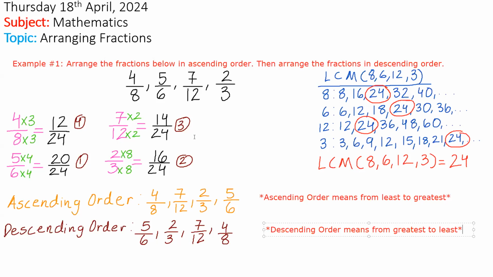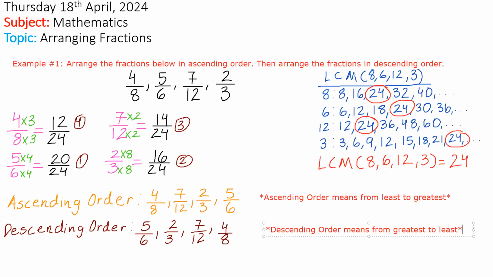Okay. So I need China to explain how we got to arrange our answers in ascending and descending order. Yes, sir. So first, we write down the fractions, which are 4/8, 5/6, 7/12, and 2/3. Then we have to find the lowest common multiple of the denominators.